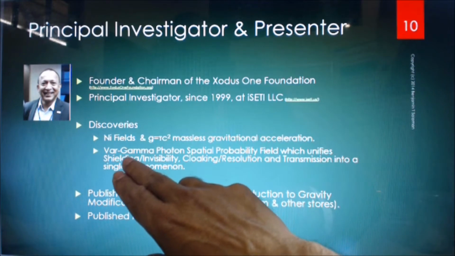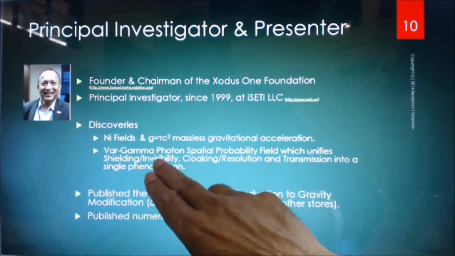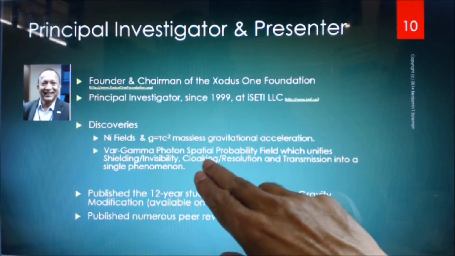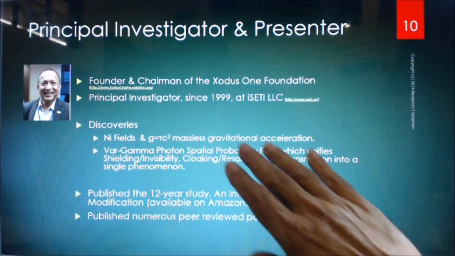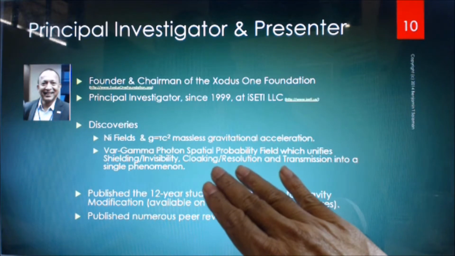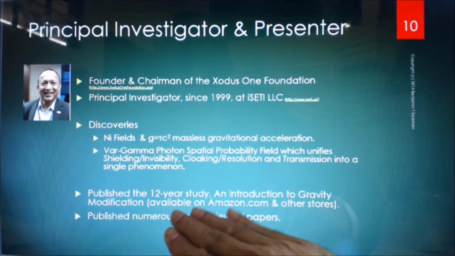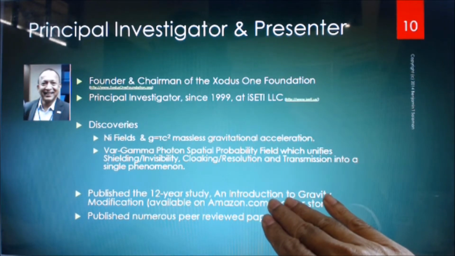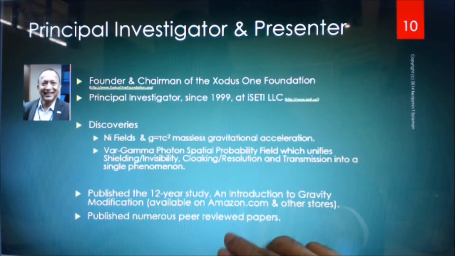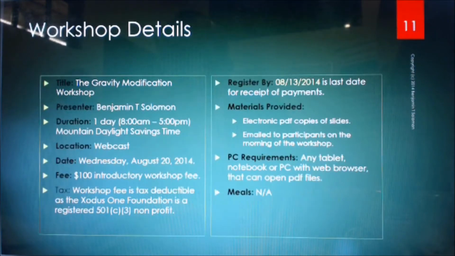And also shown that shielding and invisibility are complementary phenomena, cloaking and resolution are complementary phenomena. So this simplifies physics substantially. A 12-year study titled An Introduction to Gravity Modification. This is published and available on Amazon, and have many numerous peer-reviewed papers.